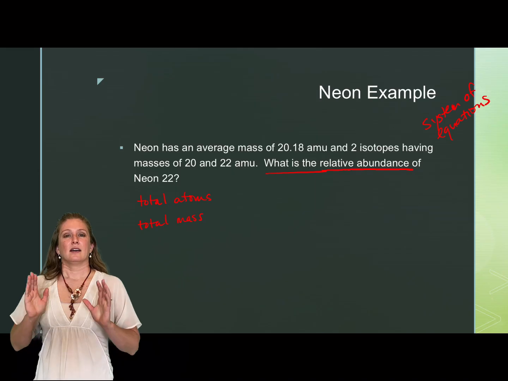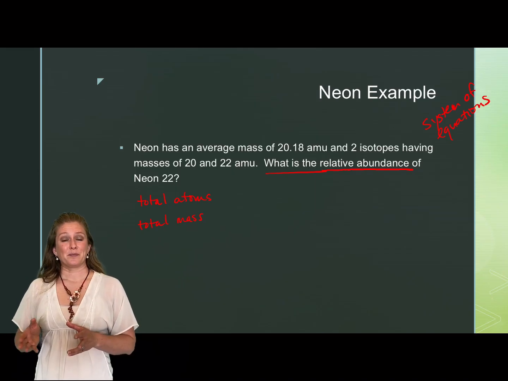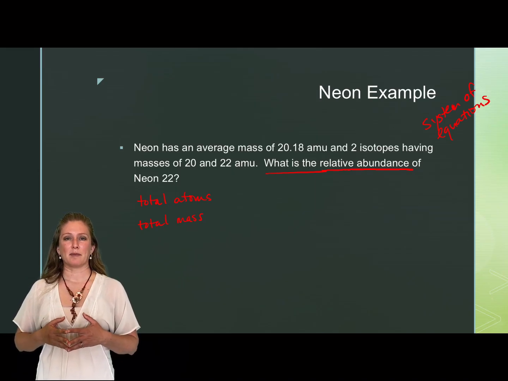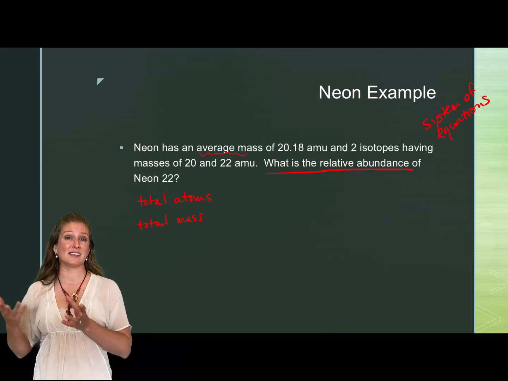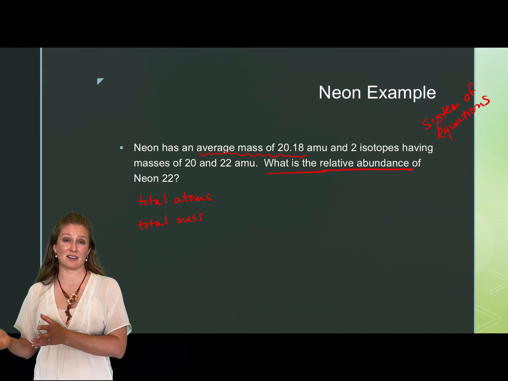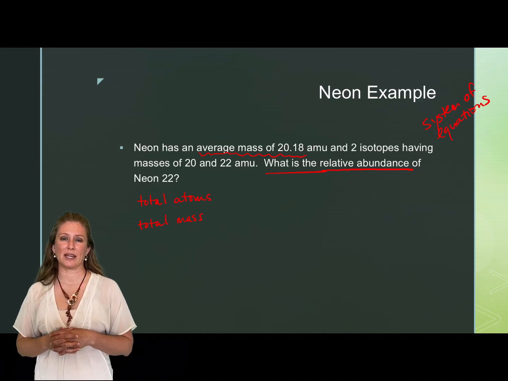But we're going to mostly focus on atoms because we're focusing on individual elements and their isotopes. So we'll use neon for an example. When we talk about the relative abundance of each isotope of neon, what we know is the average mass of neon, which is 20.18.